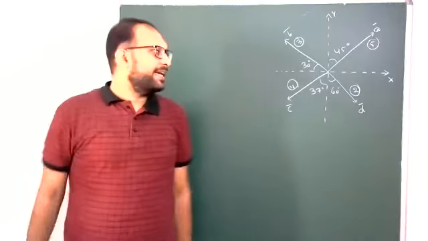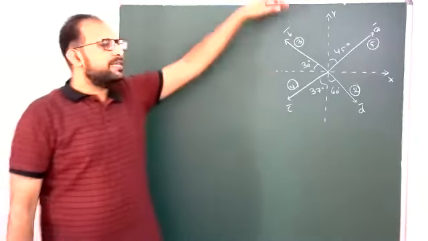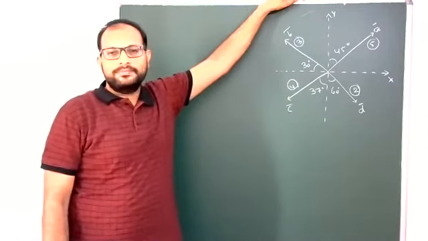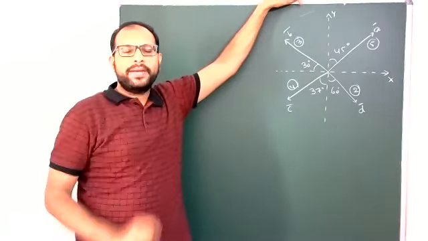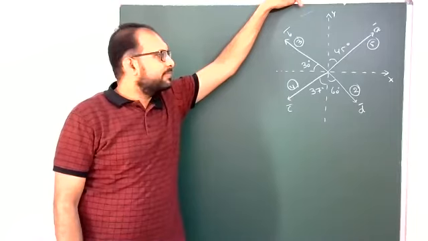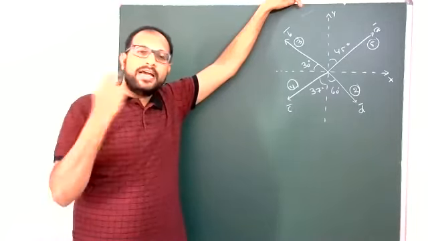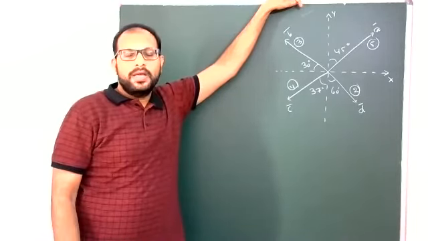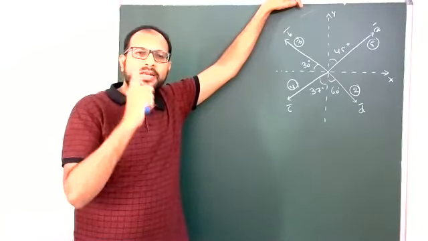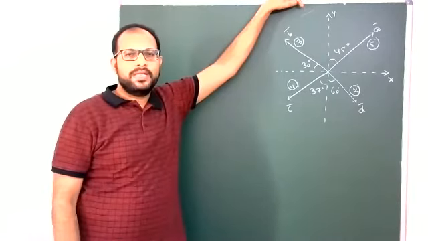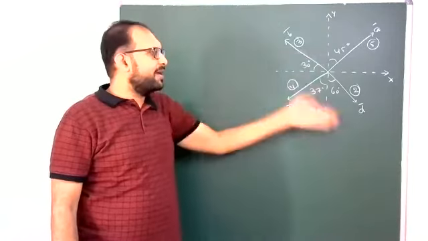Students, resolution of a vector along one particular direction, the examiner will give the direction. First, angle and magnitude, both you need. Now one example is already given.